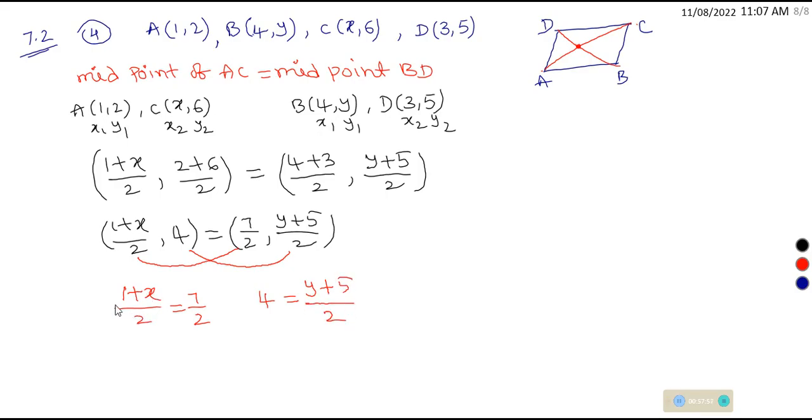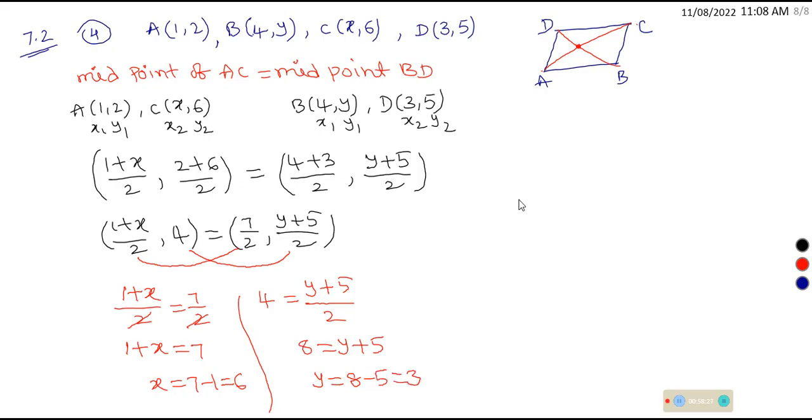Cancel the 2 and 2: 1 plus x is equal to 7, then x is 7 minus 1, that is 6. We got x as 6. Now for y, if you bring this 2 to this side, 4 becomes 8. 8 is equal to y plus 5, then y is equal to 8 minus 5, that is 3. Now we got the required values: x is equal to 6 and y is equal to 3.